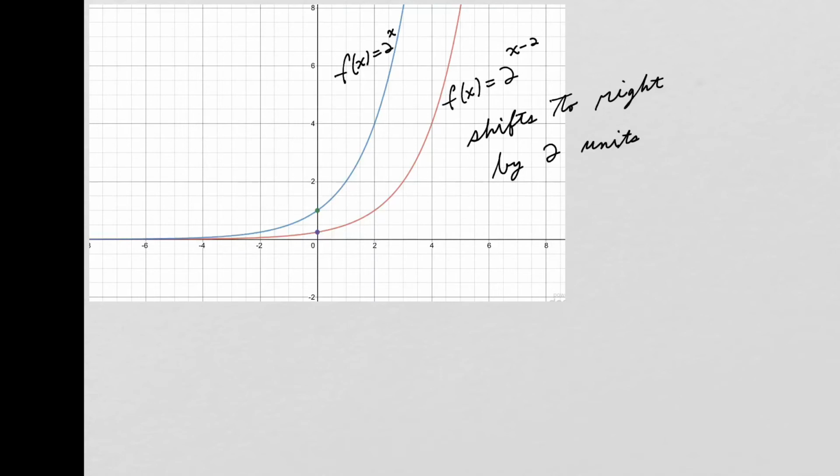So like that green point right there has the value (0, 1). In this case, the red one has an intercept of (0, 1/4). So it kind of looks like shifting to the right is just changing that initial value. And that actually is the case. Let me prove why that's the case.